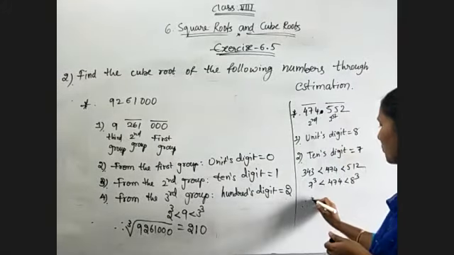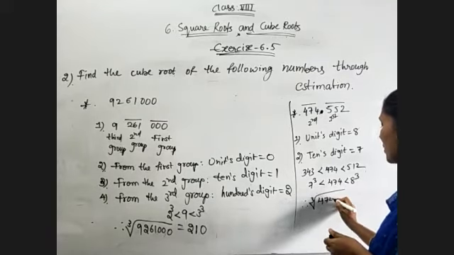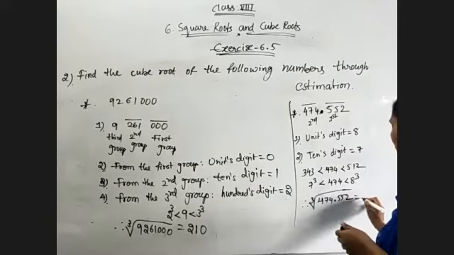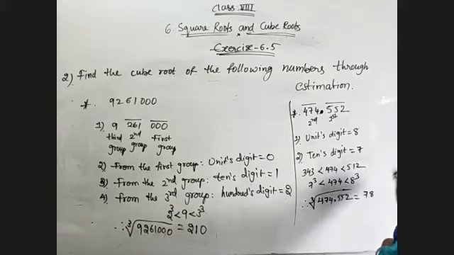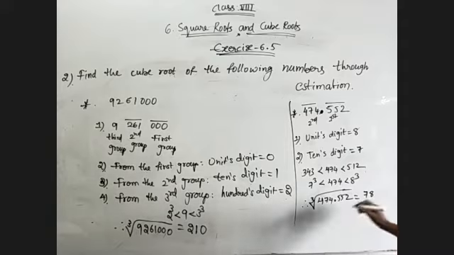Therefore, cube root of 474.552 is equal to, actually we got 78. 7 is in tens place, 8 is in unit place, but because it is cube root, for 3 decimal digits we will get 1 decimal digit, that is 7.8. That's all.